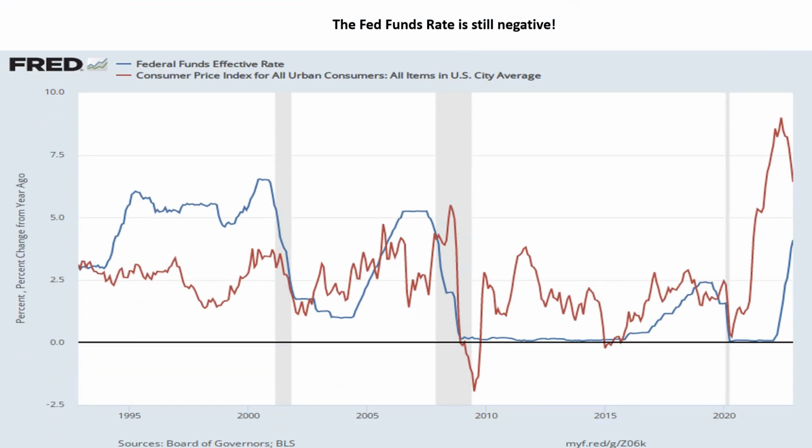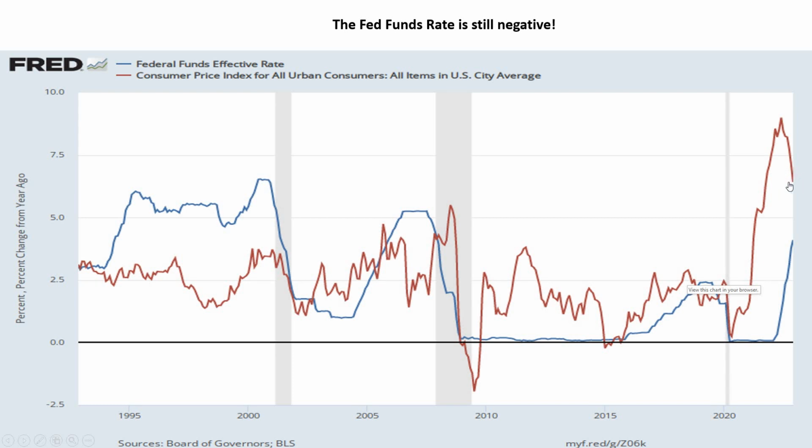On the flip side of this, even though the Federal Reserve is starting to raise interest rates and they're hiking interest rates at the sharpest pace since Paul Volcker in the early 1980s, the real Fed funds rate is still negative compared to the consumer price index inflation rate.